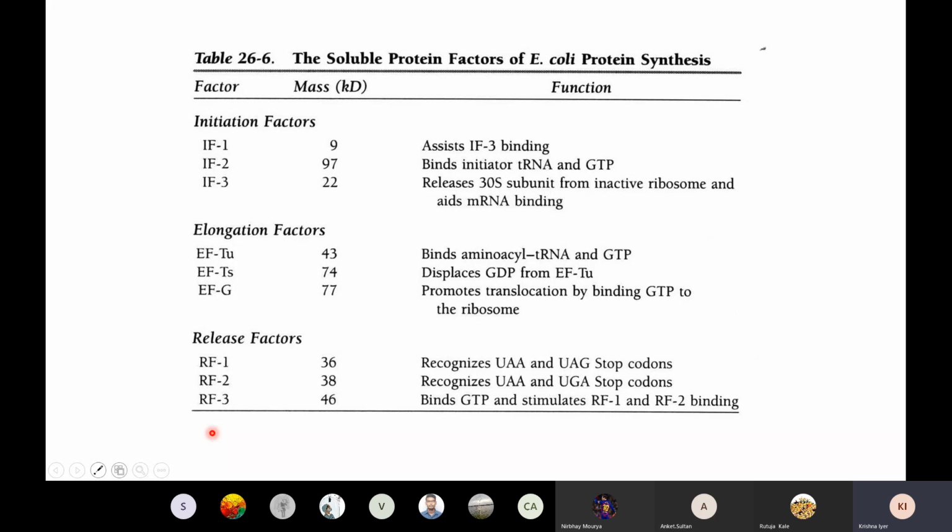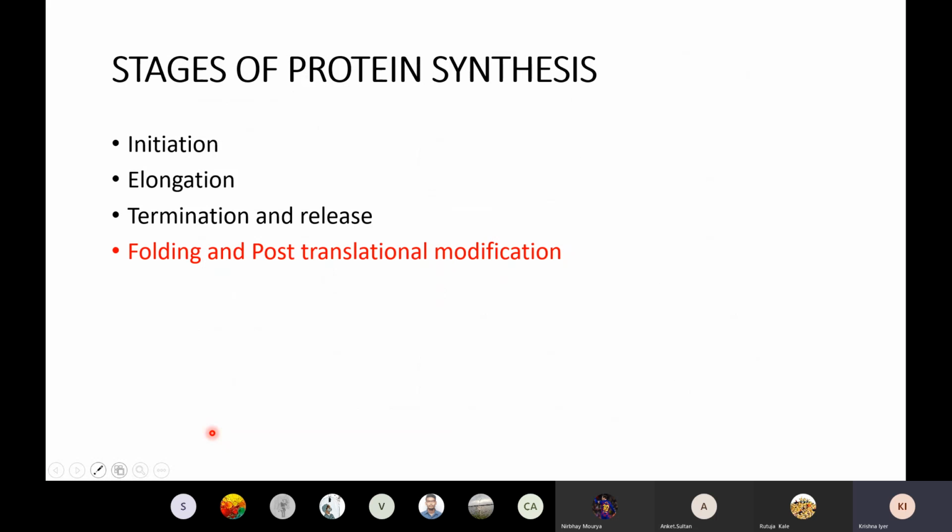So translation is a very important process. It's a very energy-consuming process, and a lot of energy investment is made in order to produce the correct protein, with the correct amino acids joined together so that you get a functional protein. As I said, just making the protein is not the end.